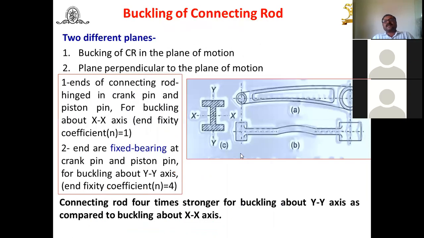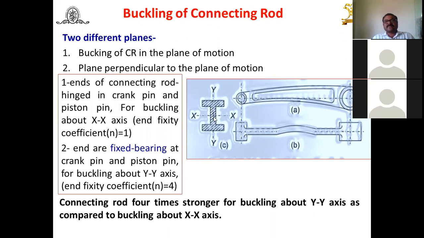Now let us see the buckling phenomenon. What is happening here? Look at this. This is the connecting rod here. Two sections are shown. This is the small end, this is the large end. If you see the top view, you will get this diagram. A is the front plane view, or you can say the top view, which is constructed here.